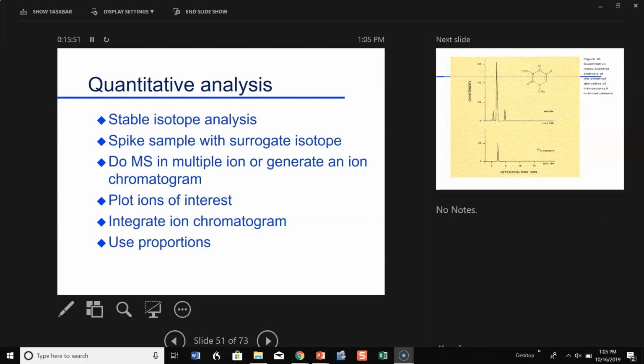If the 106 and 108 are the same size peaks, then there's as much benzaldehyde in my sample as the internal standard. So an internal standard is really a good way to go ahead and look for quantitative data. I'd love it if it didn't cost me $10,000 per sample.